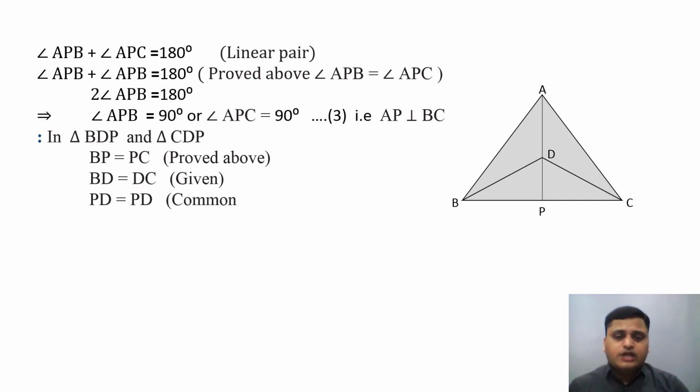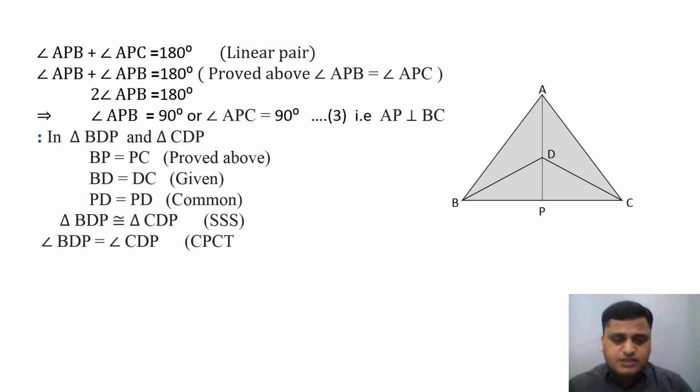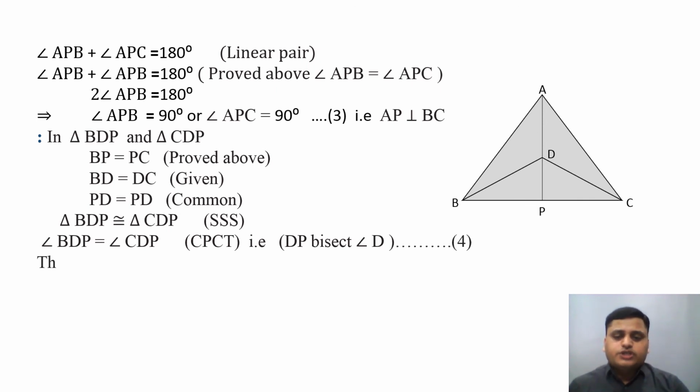So these two triangles become congruent by the SSS congruency rule. And by CPCT, we will say angle BDP is equal to angle CDP. What does it mean? That DP bisects angle D. Okay, all of you, till this it is clear. So we will call this equation number 4.